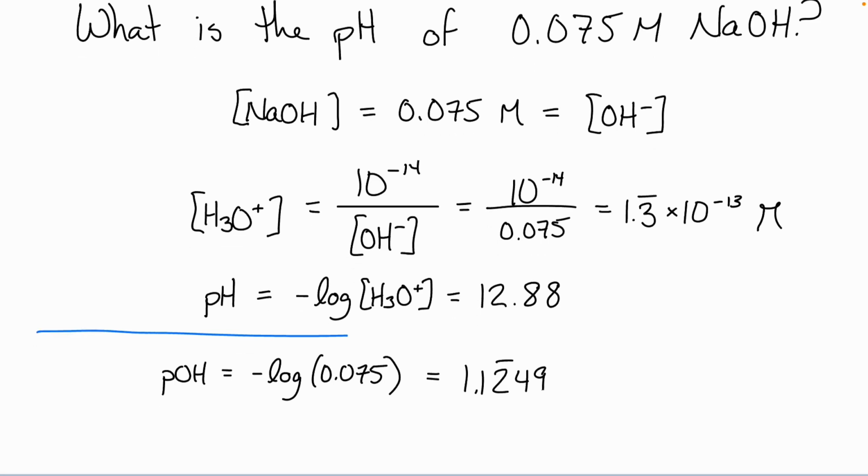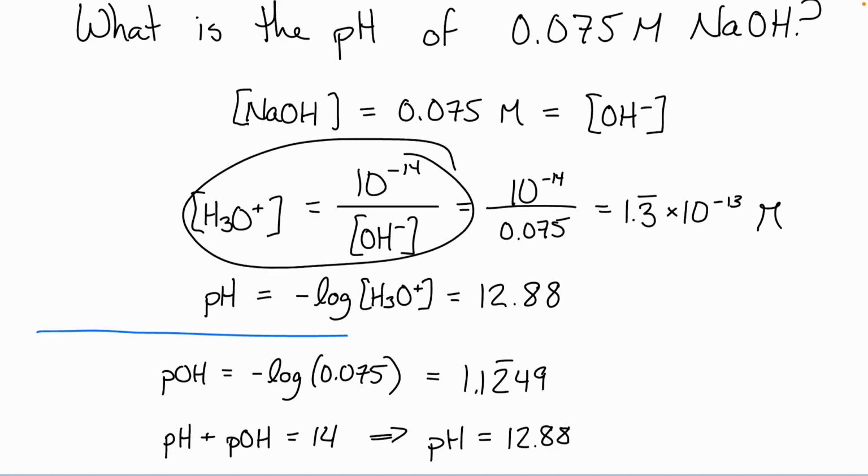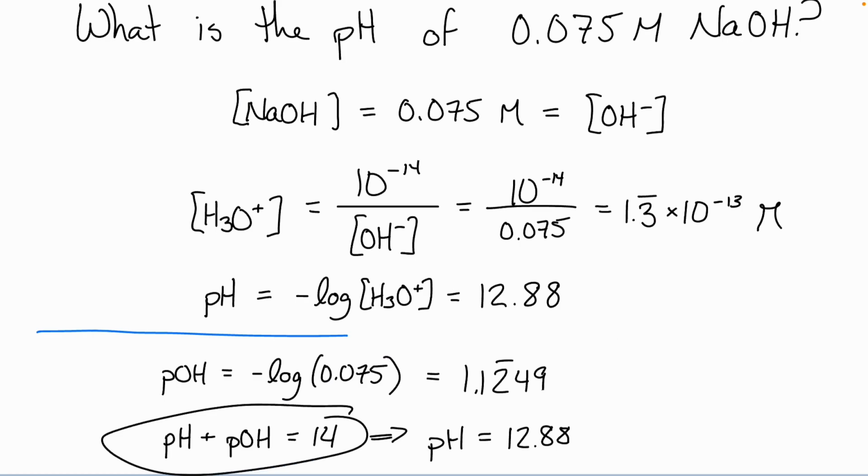All right, and then use the fact that pH plus pOH equals 14. So that pH has to be that same 12.88 value. Either one of these methods would be equivalent, right? Again, you got to use that auto-ionization relationship, whether you use it in its normal form, like up here in this first example, or in this log form, it doesn't matter. The approaches are equivalent, whichever one you find to be more convenient.